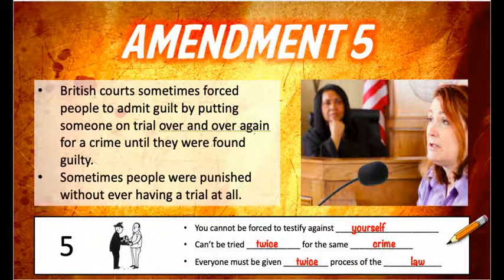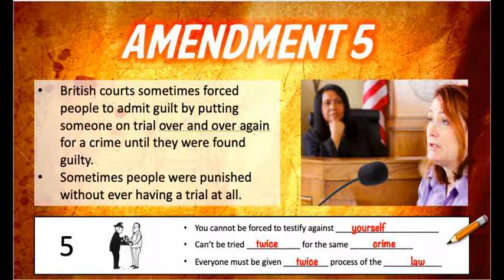The reason why this came around is because British courts sometimes forced people to admit guilt by putting someone on trial over and over and over again for a crime until they were found guilty. Sometimes people were punished without ever having a trial at all. Okay? So it's like if you put somebody on the stand and you think they're guilty, you've accused them of murder, right?